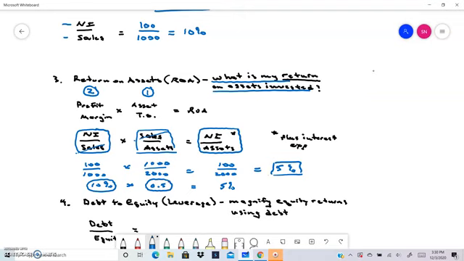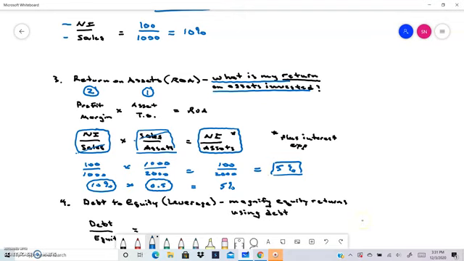This is a very small number. 0.5 is not a high number, and that's what's dragging down your return. So if that number could be improved, then return on your assets could be improved. So that's return on assets.